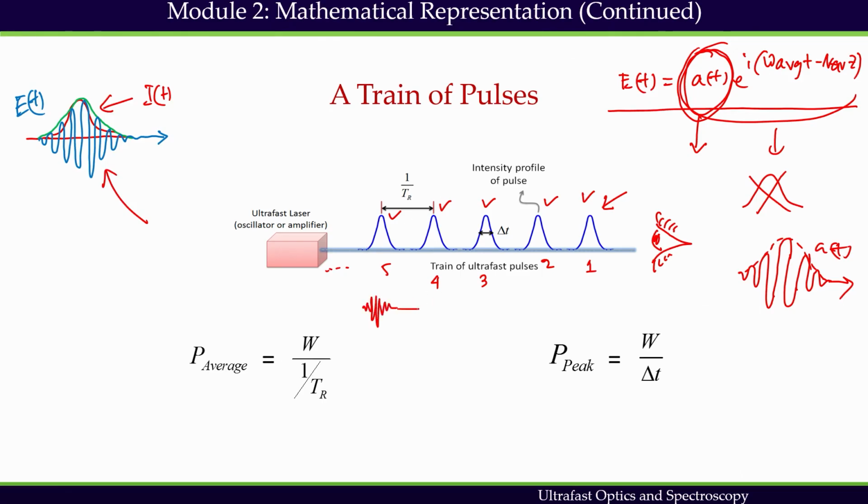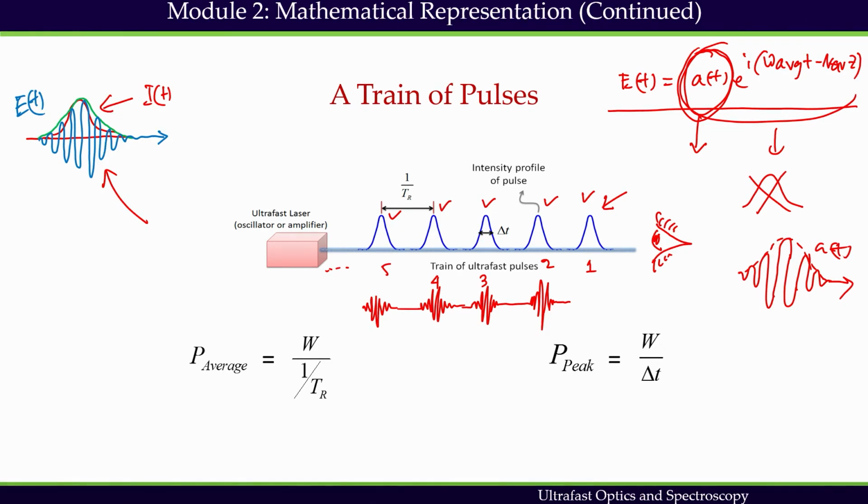One pulse, then another pulse, then another pulse, and like this way it should look. It is quite clear what the intensity profile is, what the field envelope profile is, and what the carrier oscillation is.